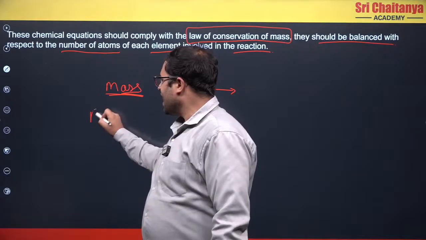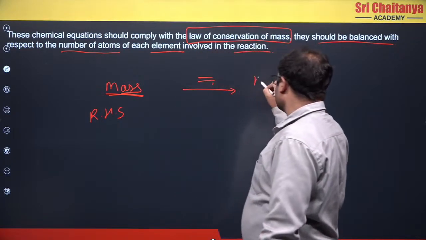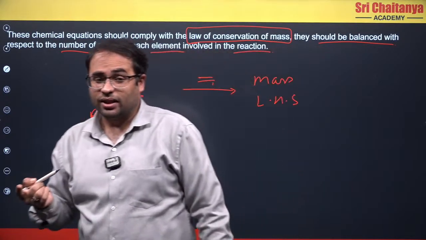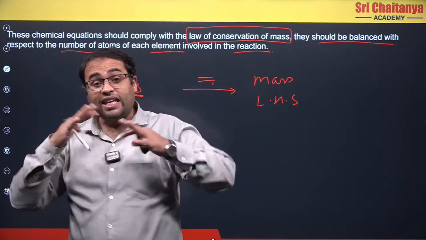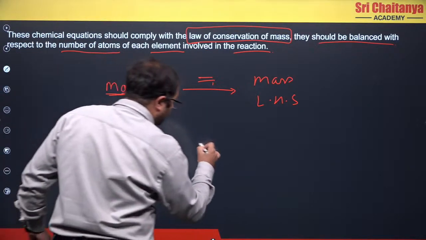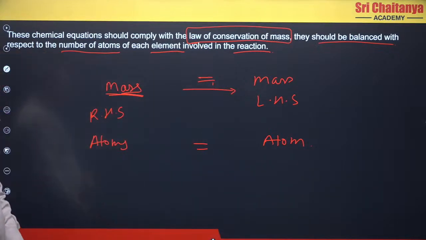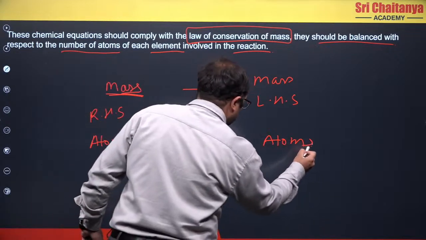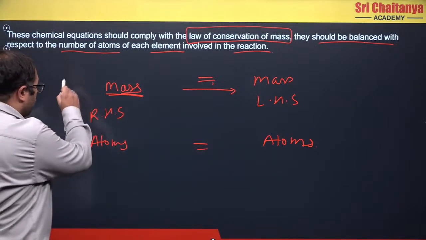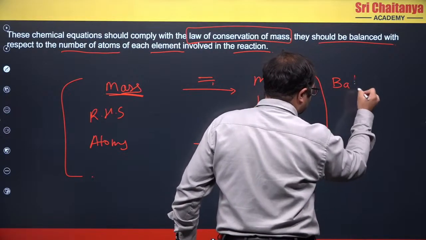The mass on the right hand side should be equal to the mass on the left hand side. Not only that, the atoms of various species should also be equal, okay? When this is there, then the equation is said to be balanced.